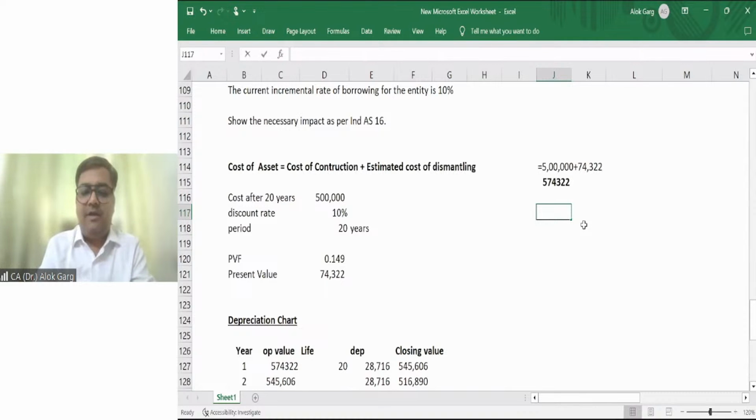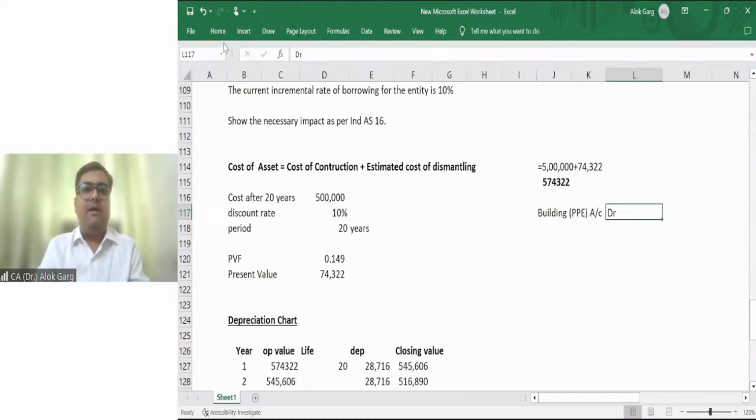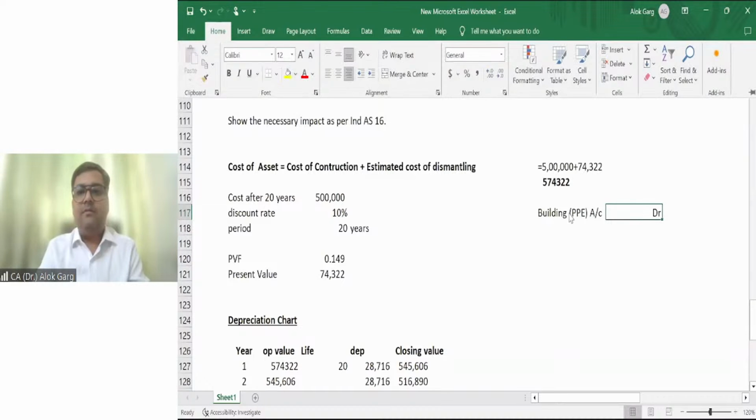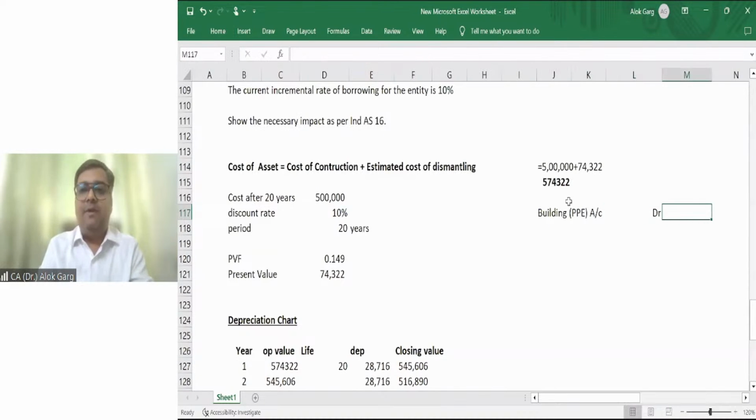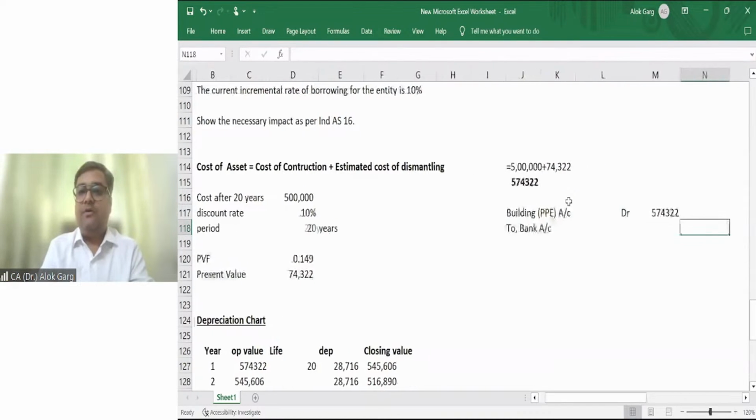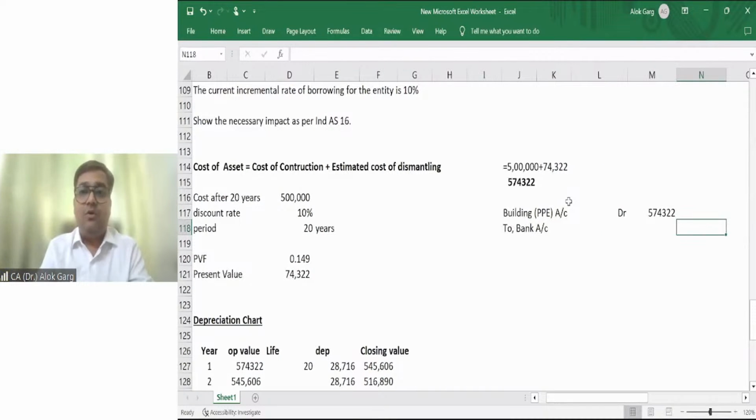When you put this entry, building PPE account debit 574322 to bank account. And what is my bank account? 574322? Answer is no. The bank has already been debited by 5 lakh, which is construction cost.